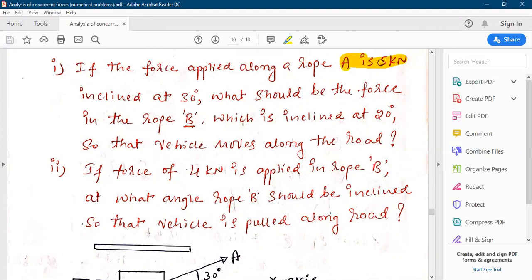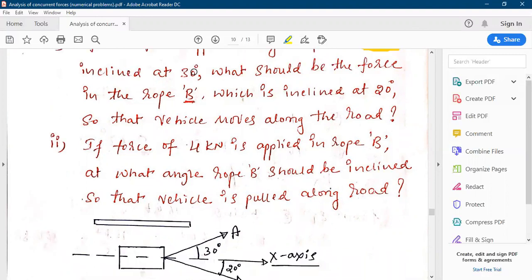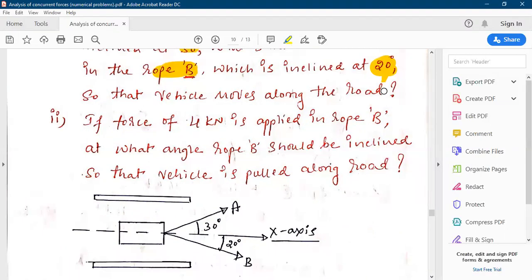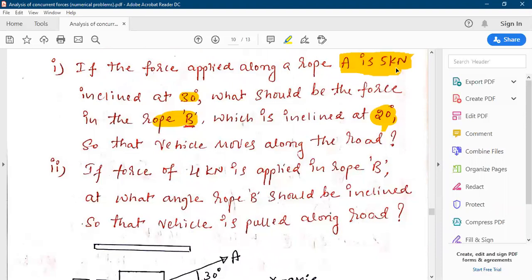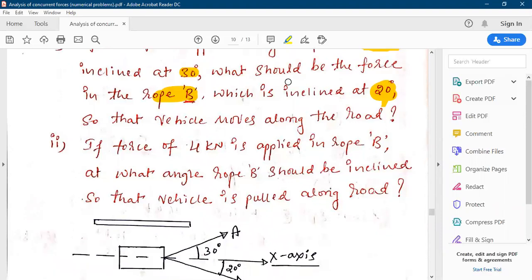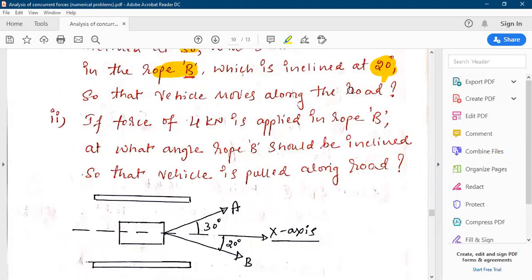At rope A, a 5 kilonewton force is applied, inclined at 30 degree. What should be the force in rope B, which is inclined at 20 degree, so that the vehicle moves along the road? That is the first part of the question.